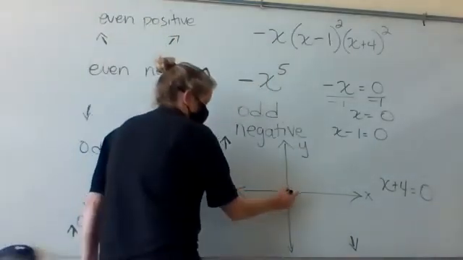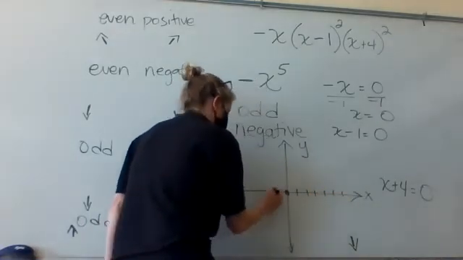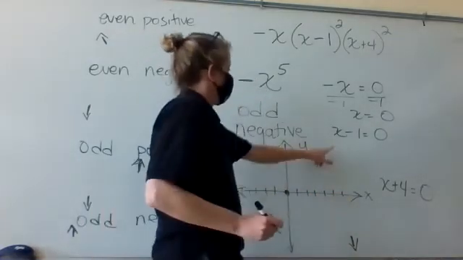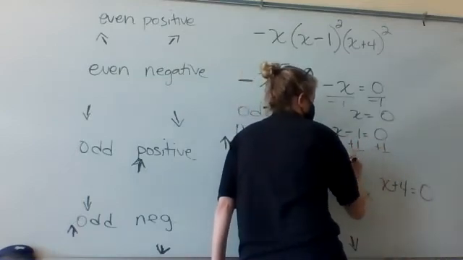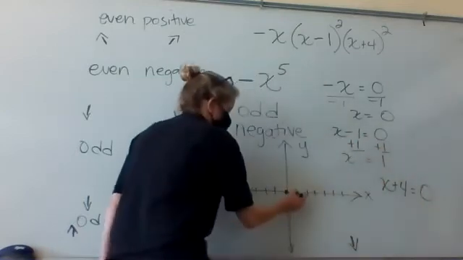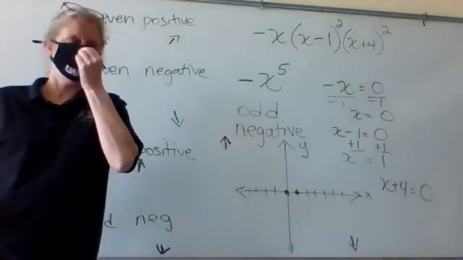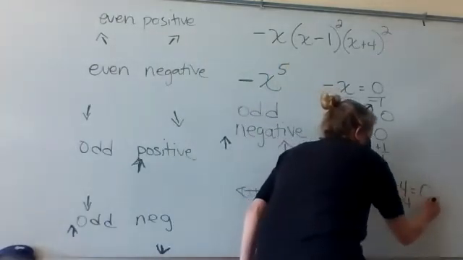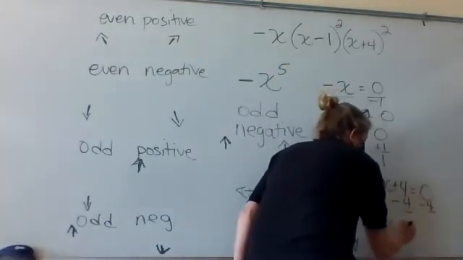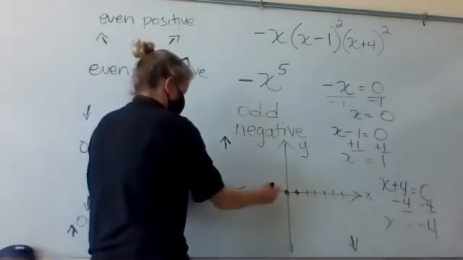So there's an x-intercept. This x-intercept, I would need to add the 1 to both sides, so x equals +1. So it's going to have an x-intercept at +1. And this one's going to have an x-intercept when I subtract the 4 from both sides at -4.